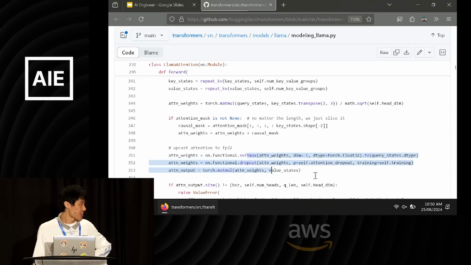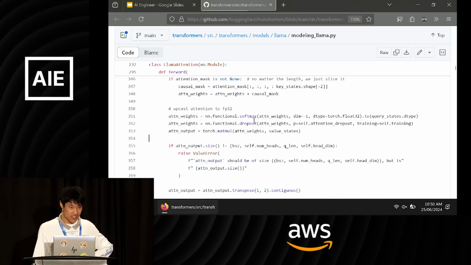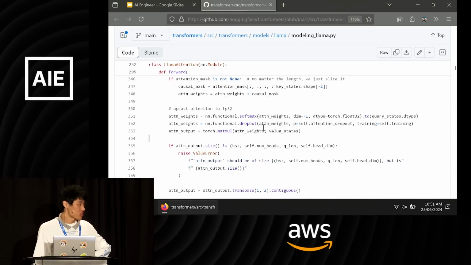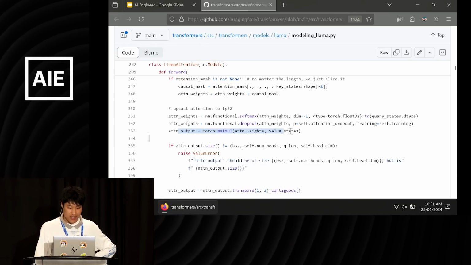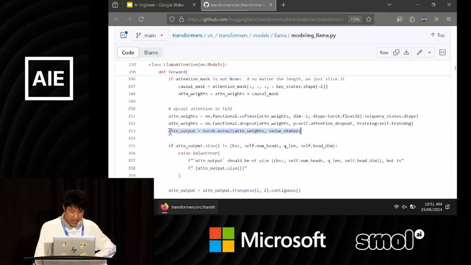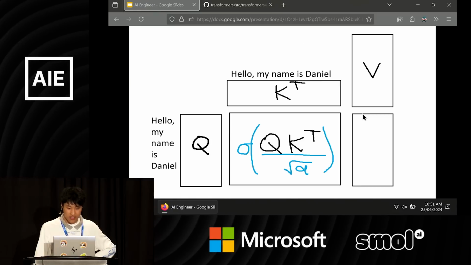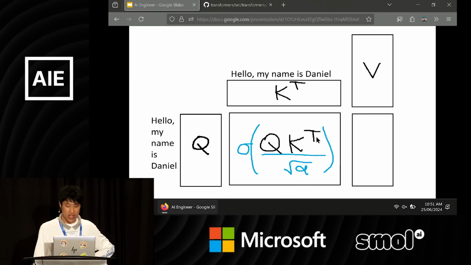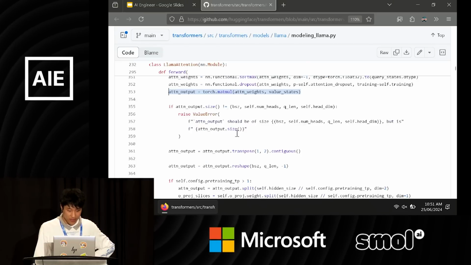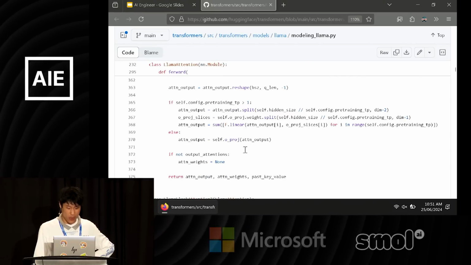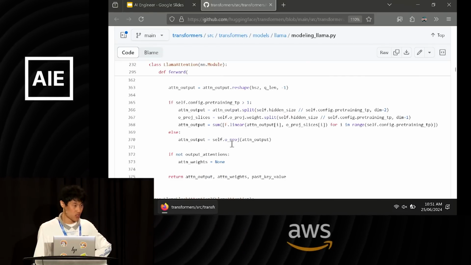This is the attention part. Softmax, dropout. Okay, no one uses dropout anymore. Get rid of that line. Matrix multiplication. So up to here is QK transpose over root D, softmax, times V. And then we have to do some output projection as well.